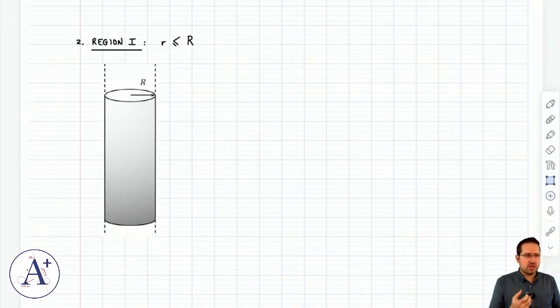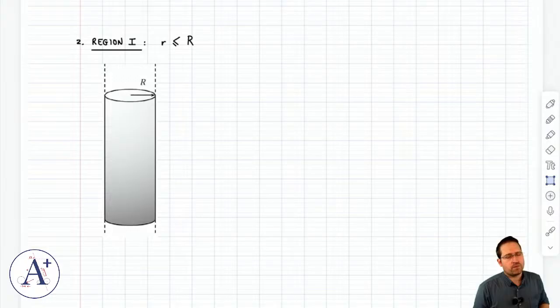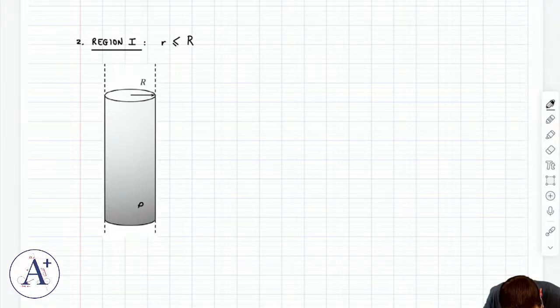Okay, so in insulators, charge can exist throughout the volume of the insulator. Charge is kind of stuck like fruits in a fruitcake when it comes to an insulator, right? And so then we define rho, which is charge per volume. Now that is going to change our calculation of Q enclosed.